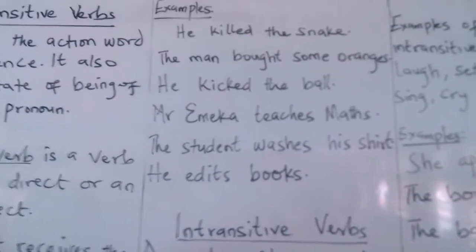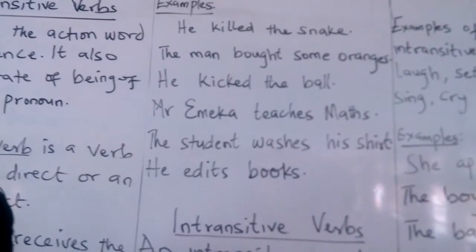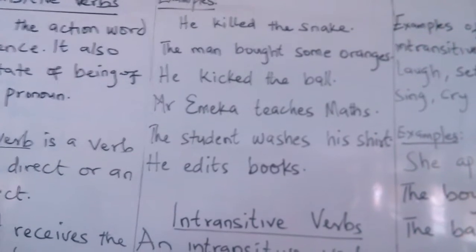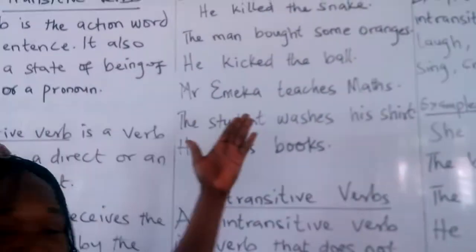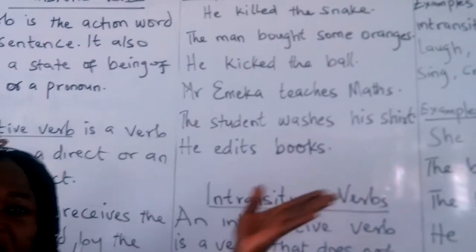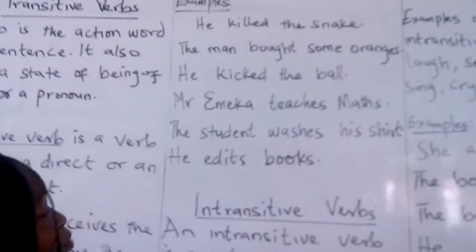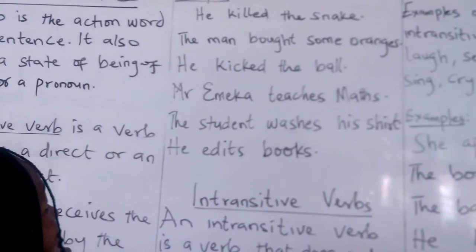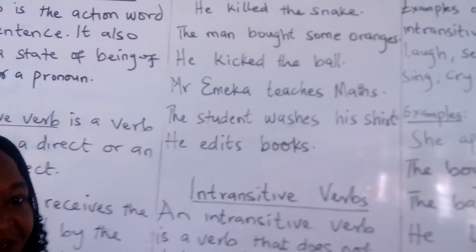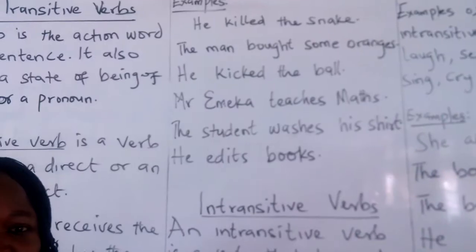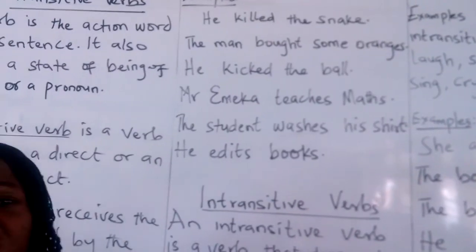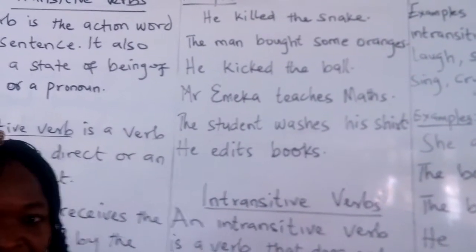I will simply ask, what was killed? And when I do that, I will receive my answer as the snake, meaning that killed in that sentence is a transitive verb because there is a direct object receiving the action.